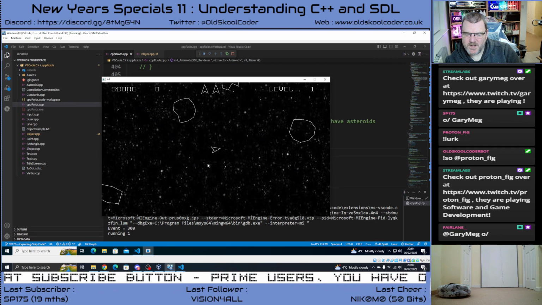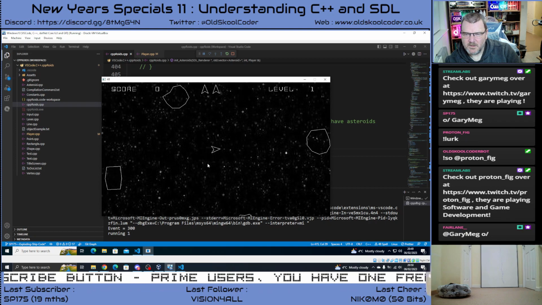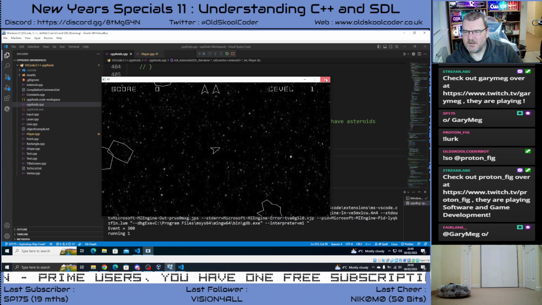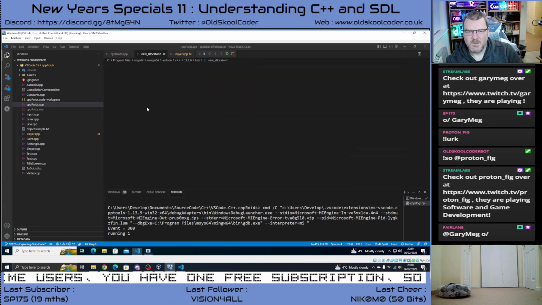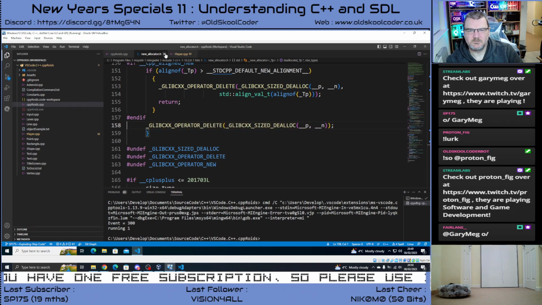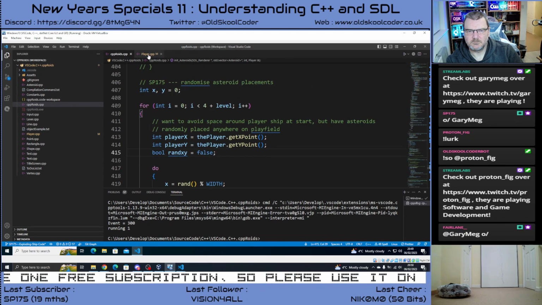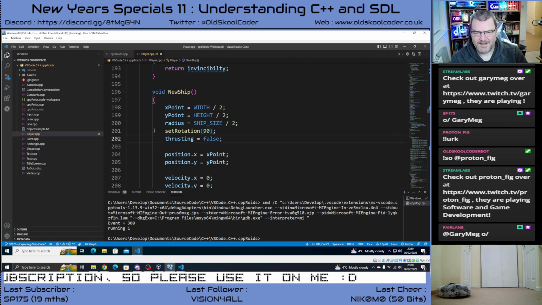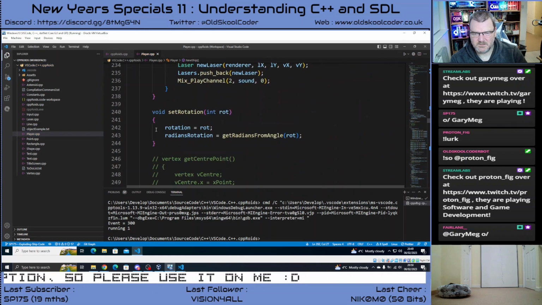We need to print the angle out, because that's almost straight. Let's print the angle out.